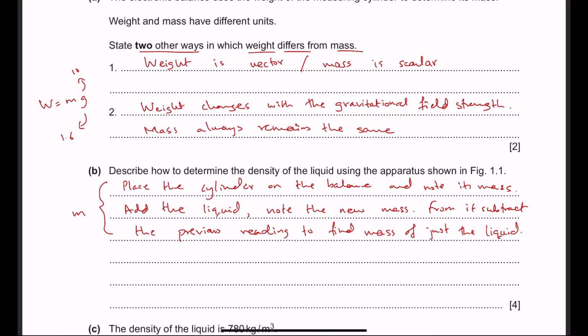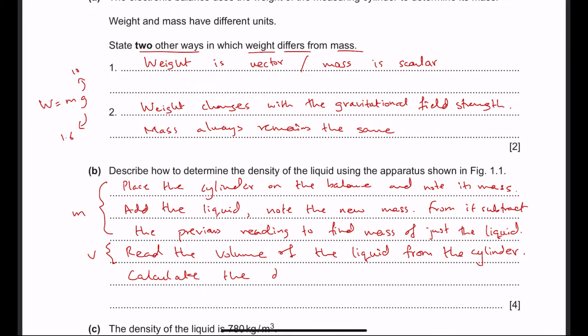Now the liquid is already in the measuring cylinder, so you just need to read the volume from the measuring cylinder. So now you have the mass as well as the volume. Then calculate the density using mass over volume. And that's pretty much it.